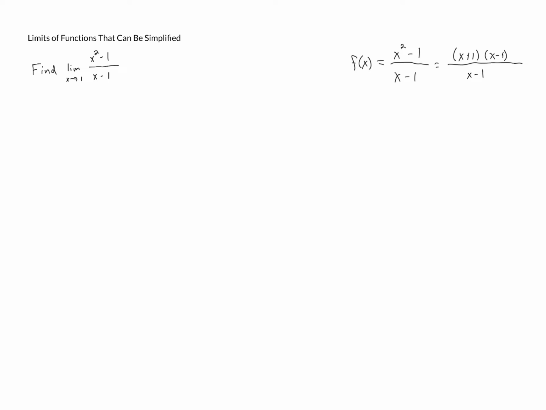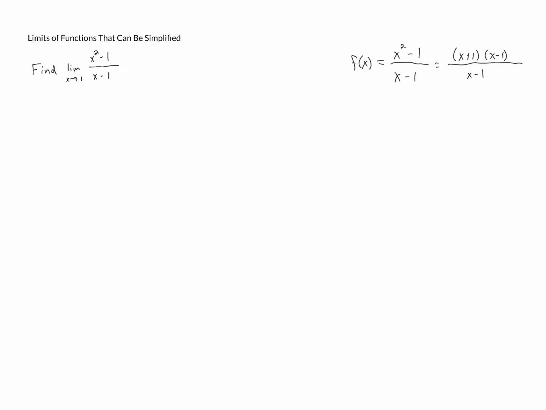And there's an interesting thing here. In this problem, we're looking at the limit as x approaches 1. So remember, when we're looking at a limit, we want to know the x values near 1 in this case, but we don't care what happens at 1, right?